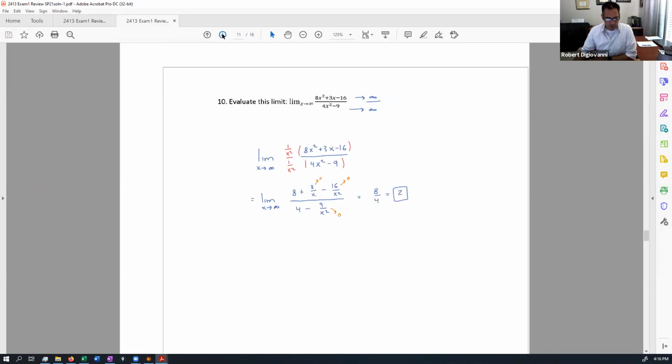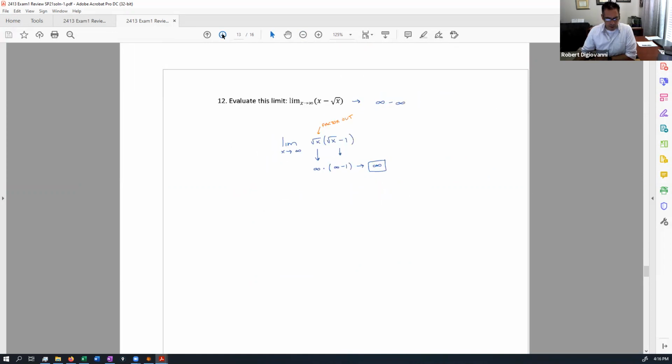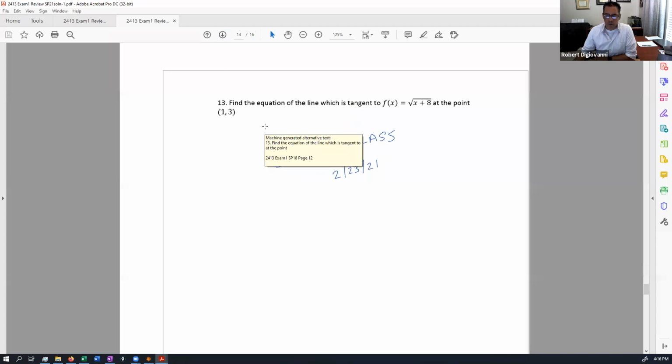that's problems 13 and 14, asked to find the equation of the tangent line. They only had the limit. They didn't have product rule, quotient rule, chain rule.